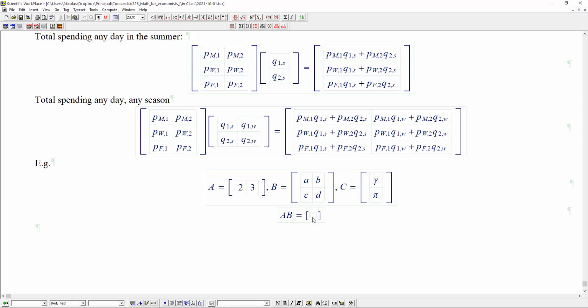And then I do the inner product for the first row. It's going to be 2 times A plus 3 times C. And the second, it's going to be 2 times B plus 3 times D. And I only had one row on A, so that's the only thing I get.